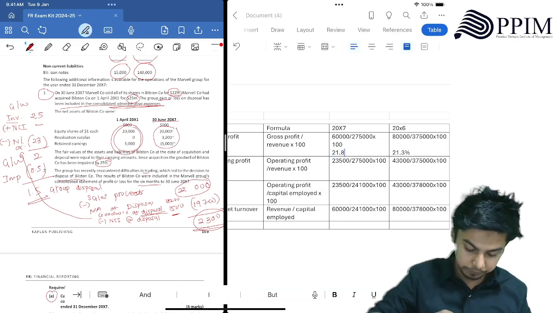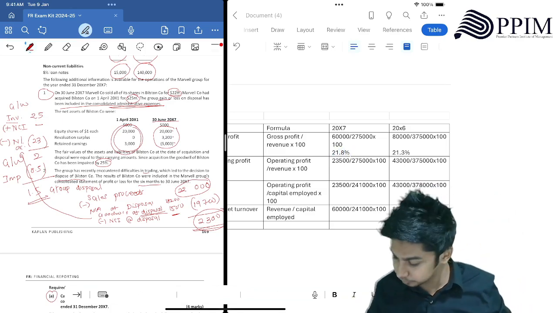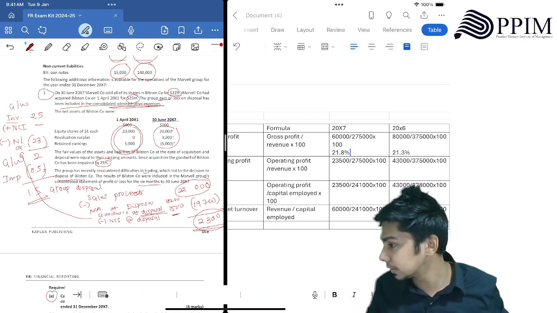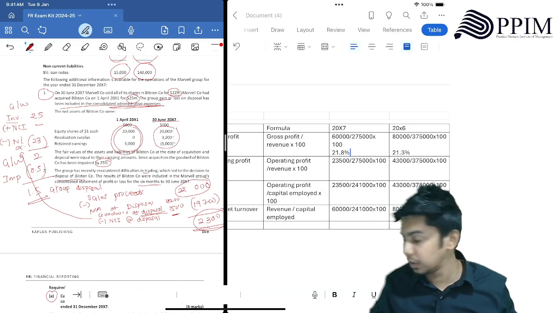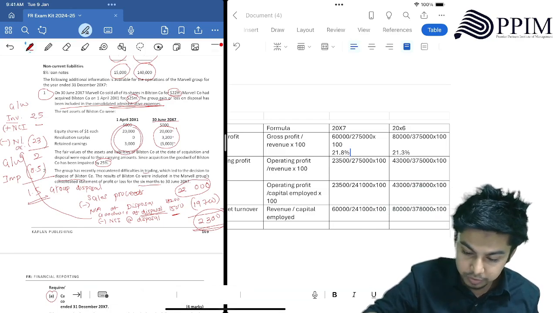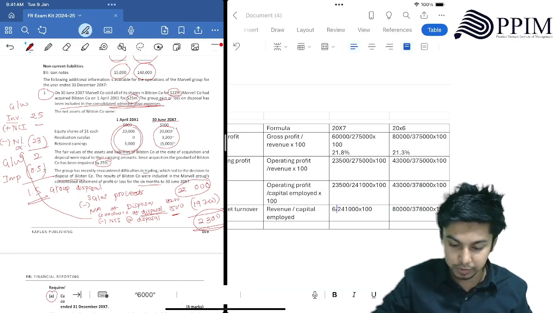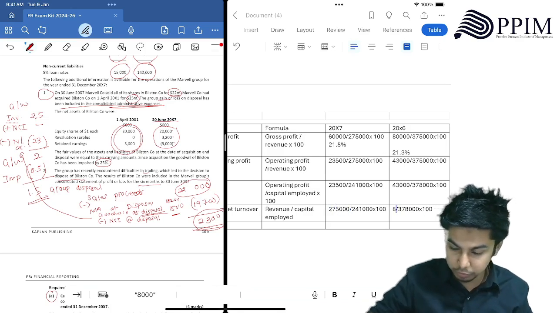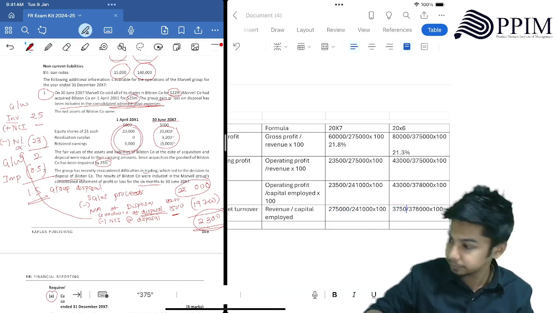No? 21.8 and 21.3. One minute. Revenue, no? This is the gross profit. Thank you, Shima. It has to be 275,000, and over here revenue has to be 375,000.